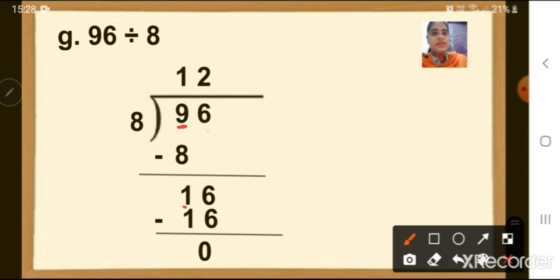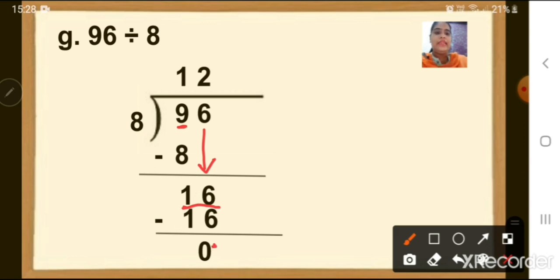Then the next number we will take down, which is number 6. Together here it will become 16. Now children, in 8's table will 16 go? Yes, it will go. How many times? 8 twos are 16. Correct? So 2 we will write here up and 16 here down. Now 16 minus 16 is equal to 0.